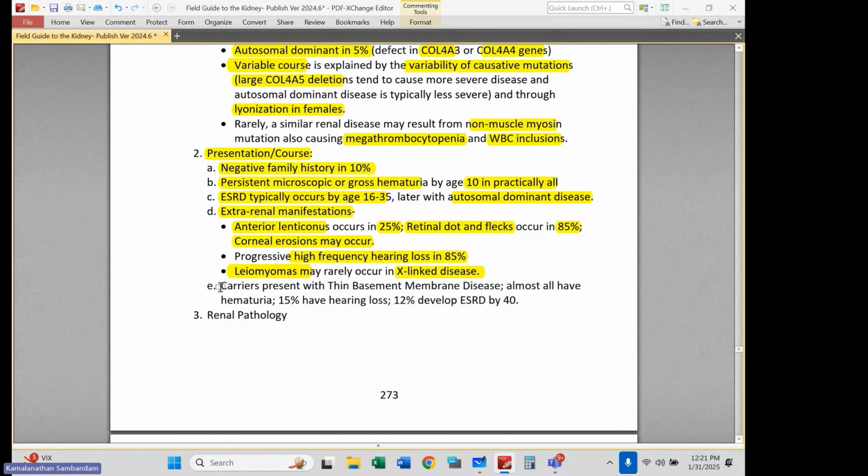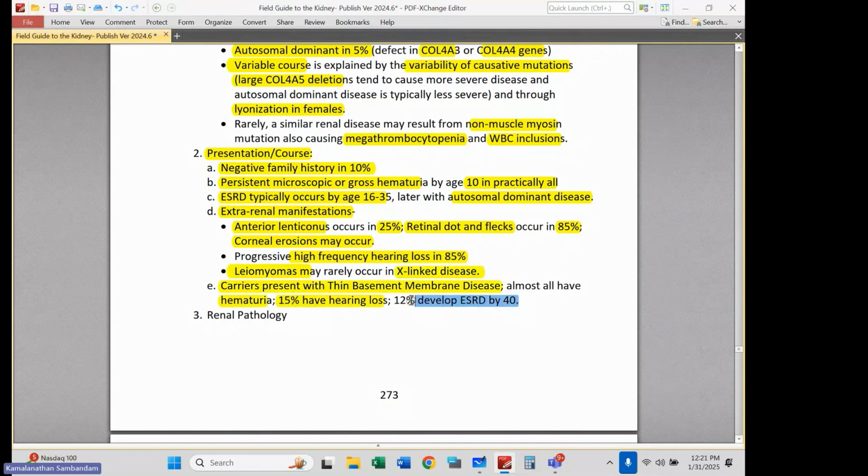Thin basement membrane disease. Remember, it's hard to sort of parse these categories because of this blending of genetics and phenotype. But if I have an individual who has an alpha 3 chain mutation in type 4 collagen, they may have a mild phenotype that is manifest as hematuria. Some of them will have hearing loss, right?